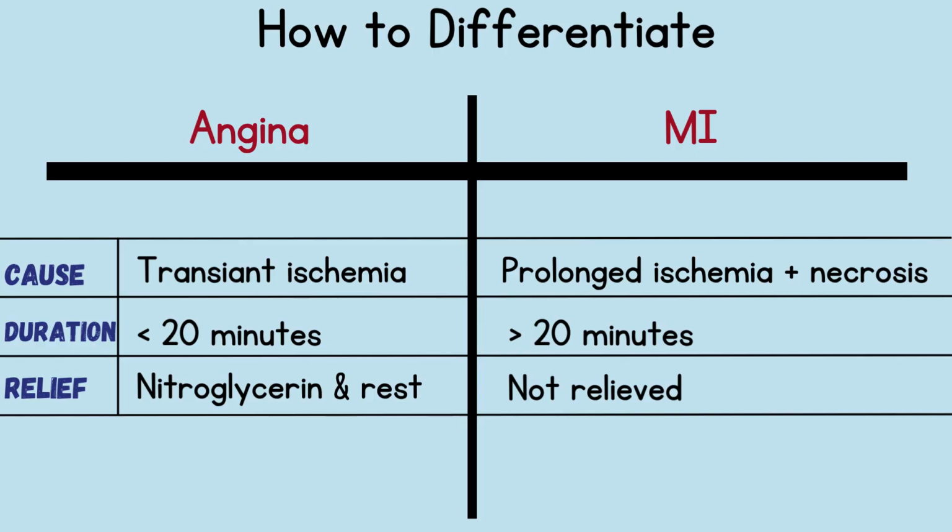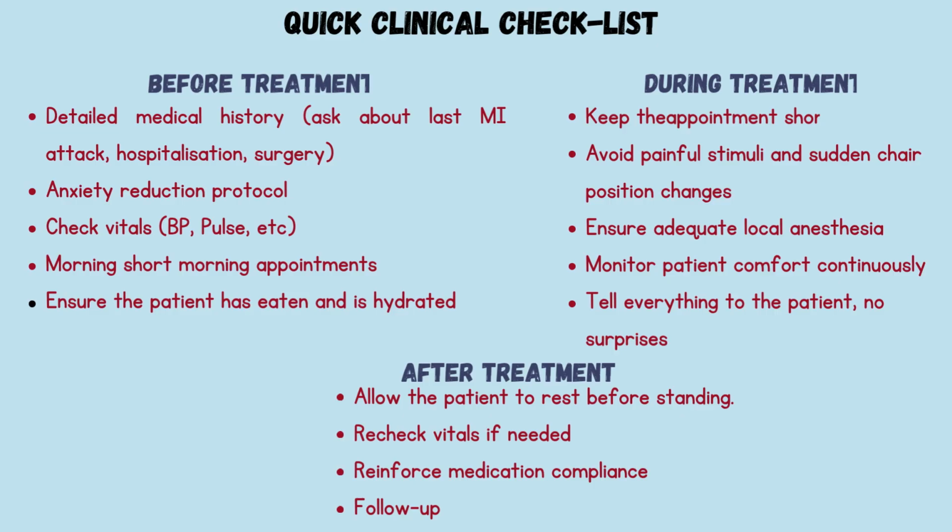Given that the symptoms can overlap quite a bit, you might be wondering, how do we differentiate between angina and myocardial infarction? To be honest, it can be extremely difficult to distinguish between the two in the dental office based on symptoms alone. However, this quick clinical comparison highlights the key differences between them.